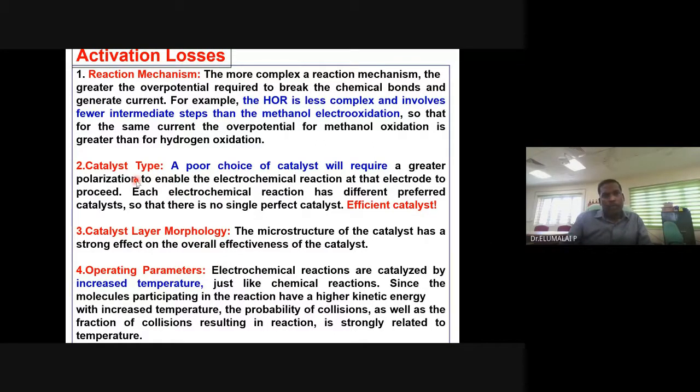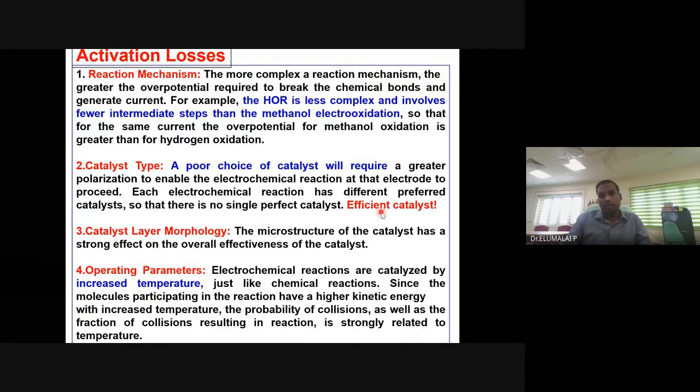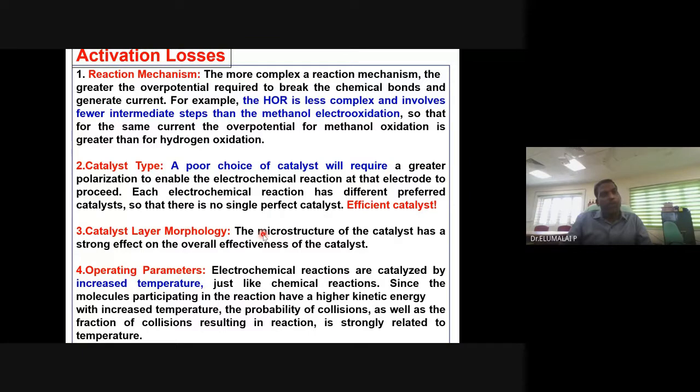So you can minimize the losses depending on the type of catalyst. The poorer the catalyst choice, the more activation loss, or vice versa. So eventually you have to use an efficient catalyst. Many times you will have to use a coke-tolerant or CO-tolerant catalyst, etc. The morphology of the catalyst layer is also important and can be manipulated to reduce the activation losses.